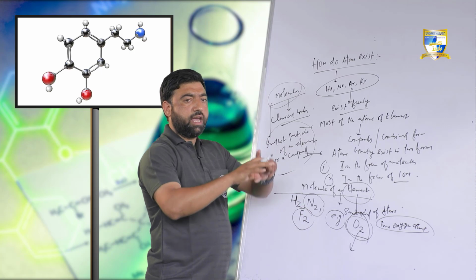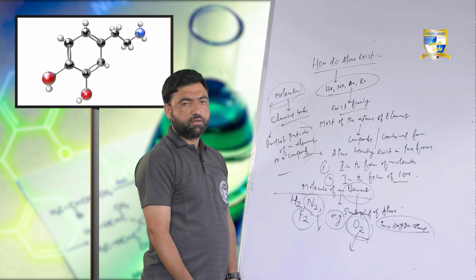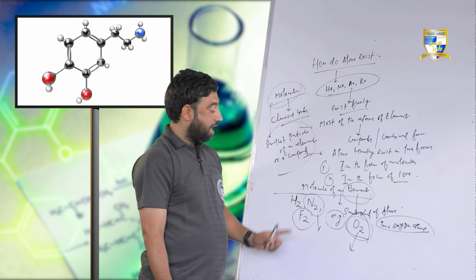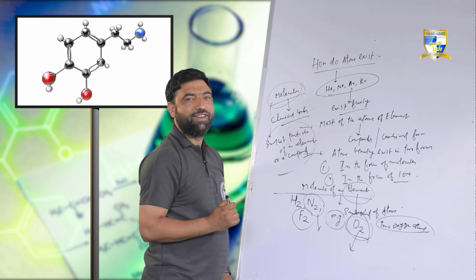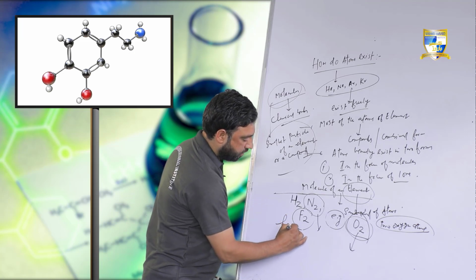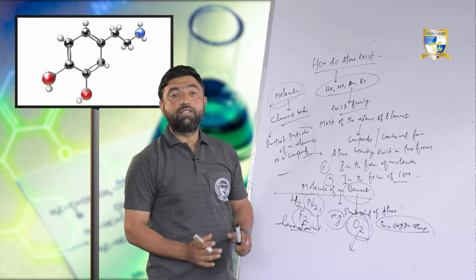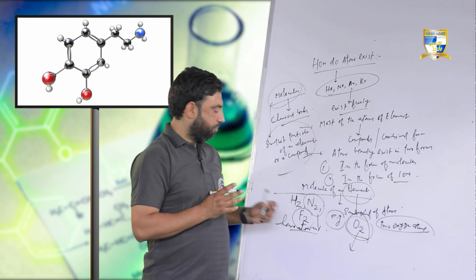That means in case of a molecule of an element, the same atoms are present, combined with each other. As such, a molecule of an element is homoatomic in nature. Homoatomic simply means the same kind of atoms are present in it.